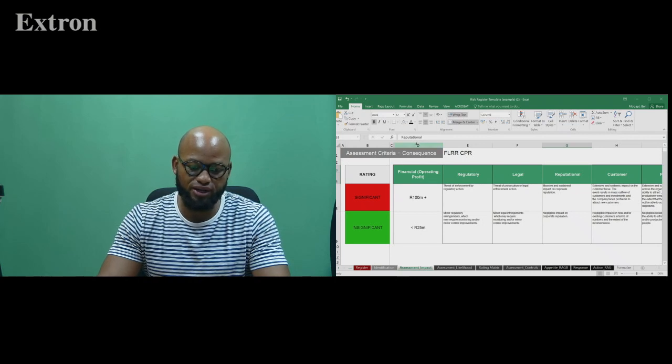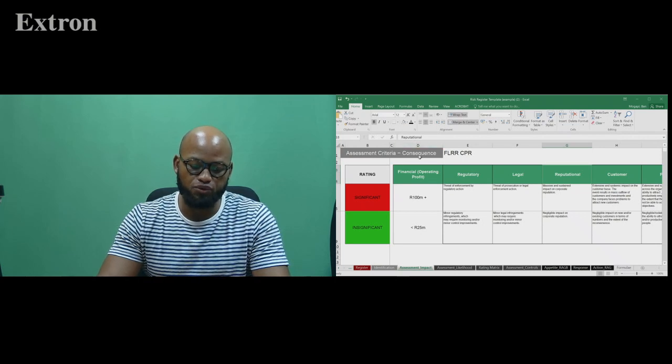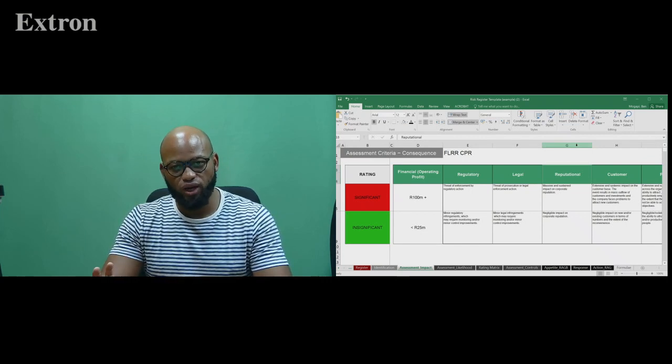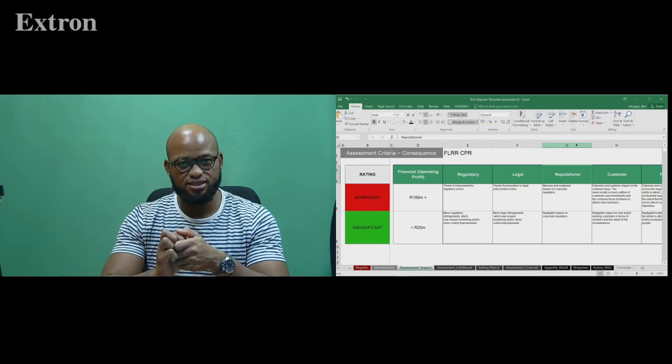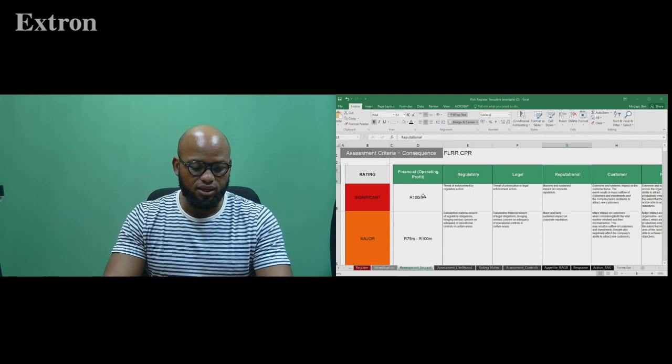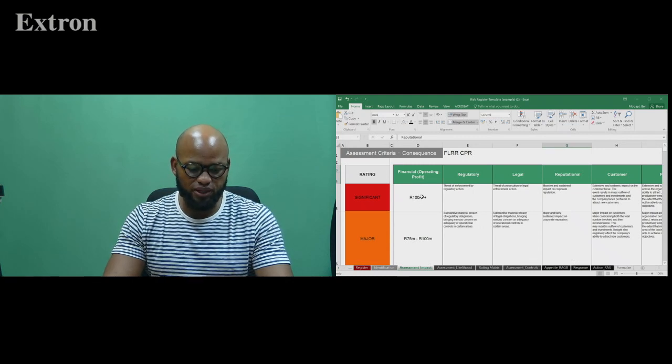There will be financial considerations, but also reputational considerations, and we need to analyze this in a very dynamic way and put together our analysis to come to some sort of impact rating. So maybe the financial consequences from an Eskom perspective of electricity supply mean that we've calculated it and we think the financial impact is going to make it a significant risk.